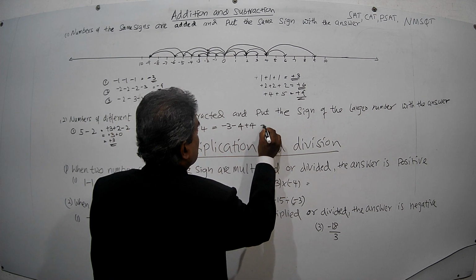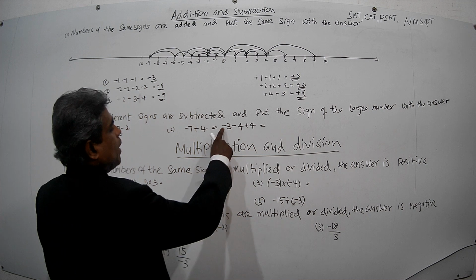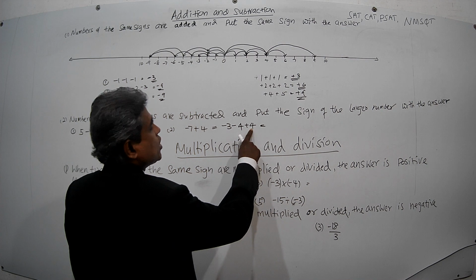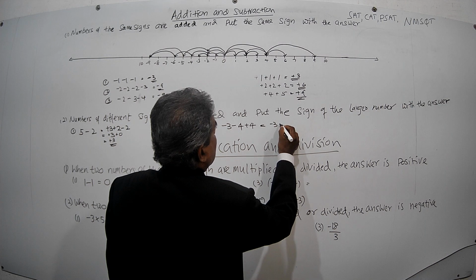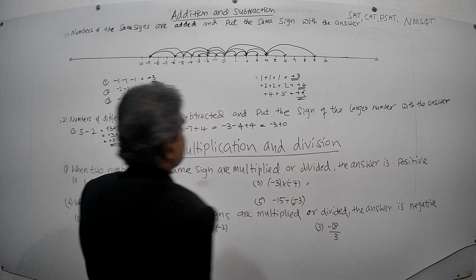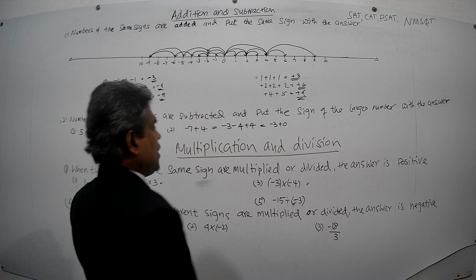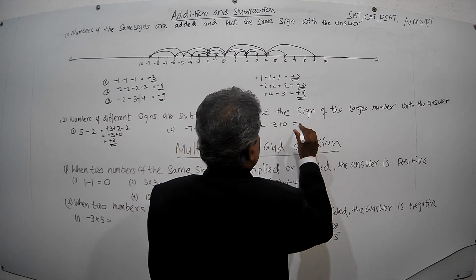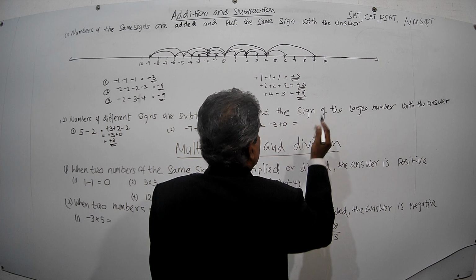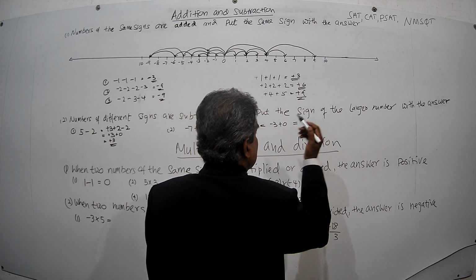Right. Now what do you get? This minus 4 plus 4 is 0. Then minus 3 plus 0 does not produce any new result.